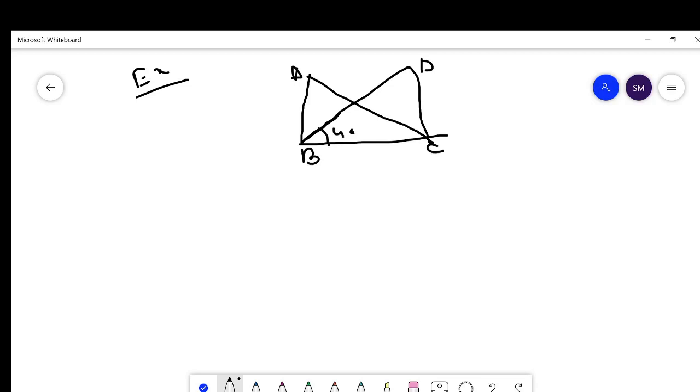This angle measures 40 degrees, this angle also measures 40 degrees, and this angle measures 20 degrees, where this angle also measures 20 degrees. Then we have to prove that, BC is the common base.